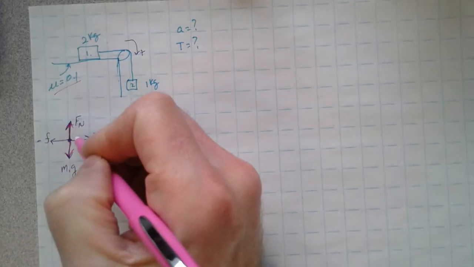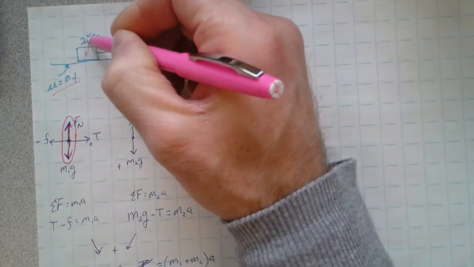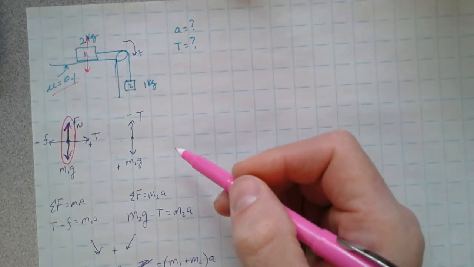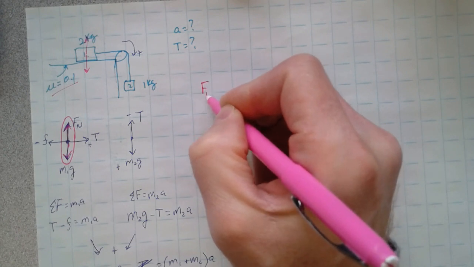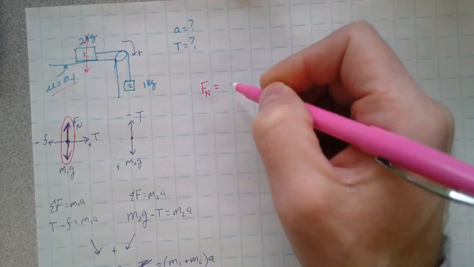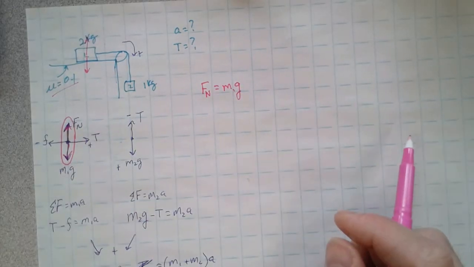What we can see is that if we added up those y components, right, it's not accelerating up and down, which means that those have to be balanced. If they're balanced, then the normal force equals the weight. So I'm going to just make a note of that: the normal force is equal to the weight of mass 1.